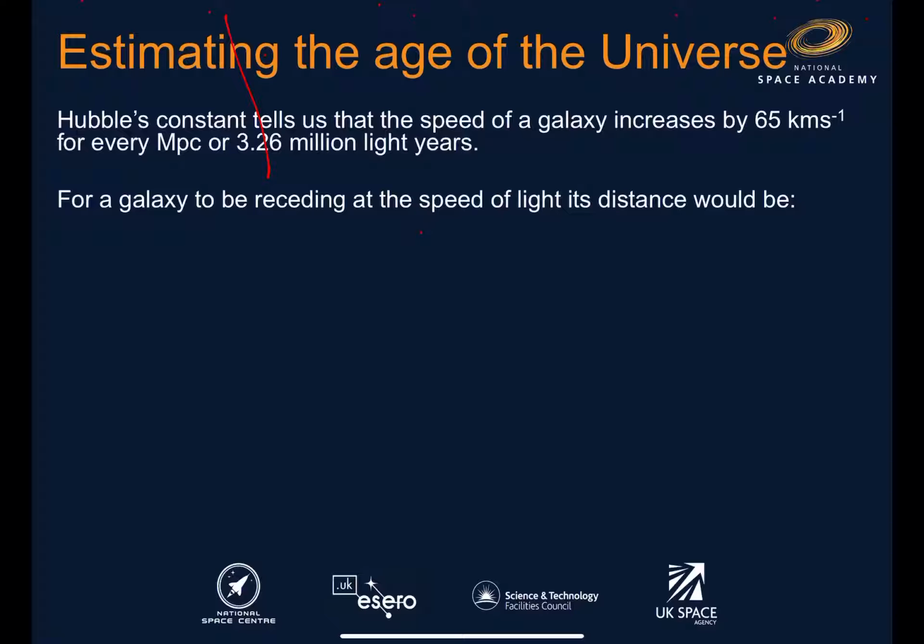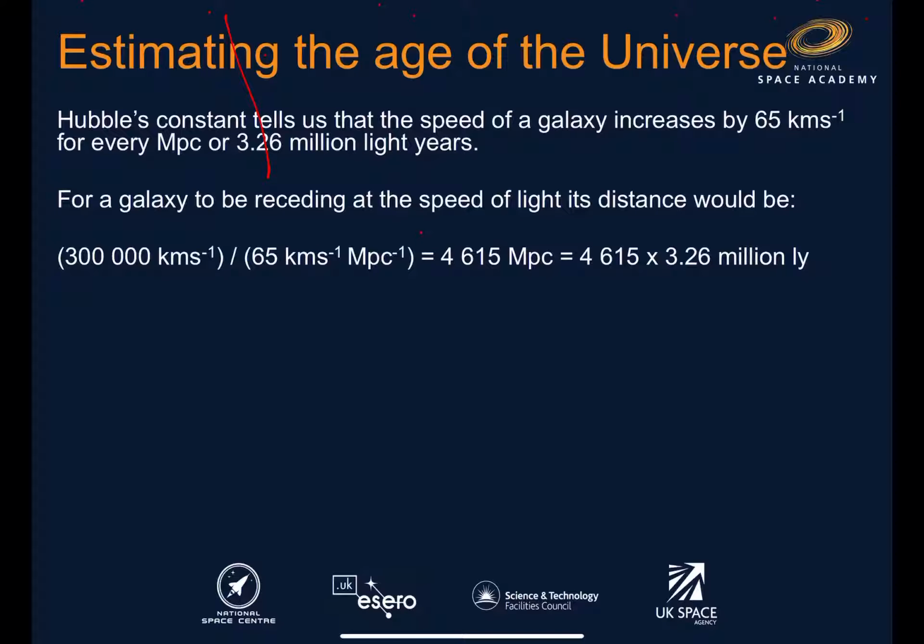So for a galaxy to actually be moving at the speed of light, because that's the fastest a galaxy could be, nothing can move faster than the speed of light, if we put these numbers into the Hubble equation, we find out that it is 15 billion light years away.